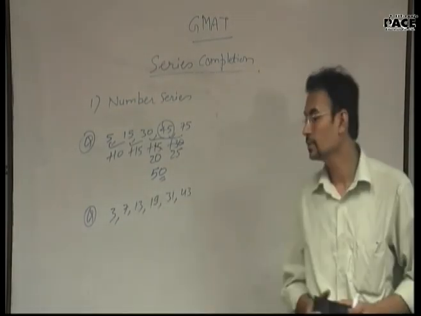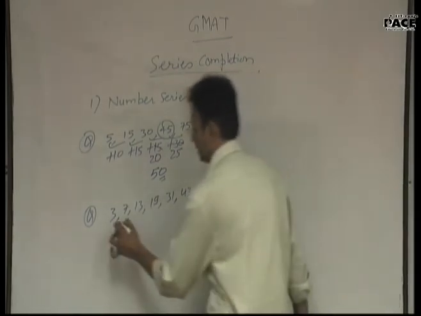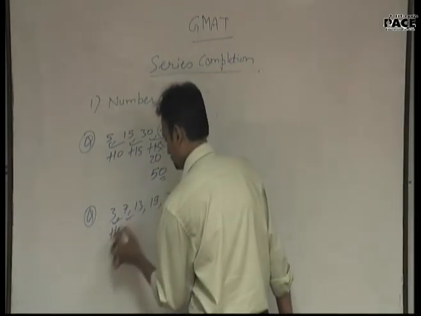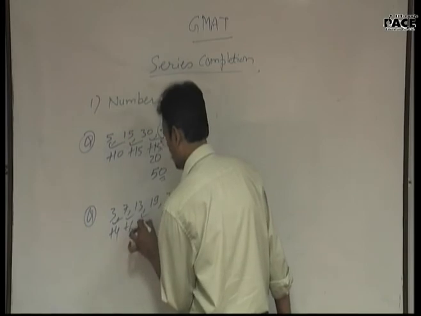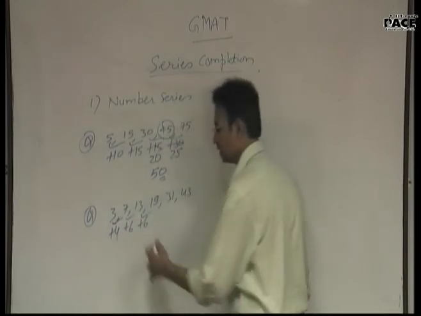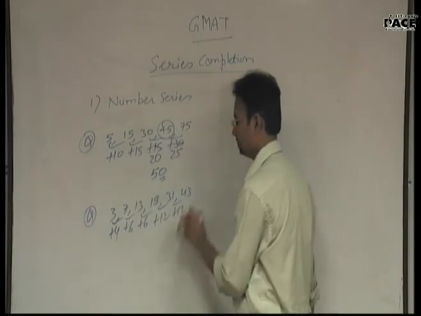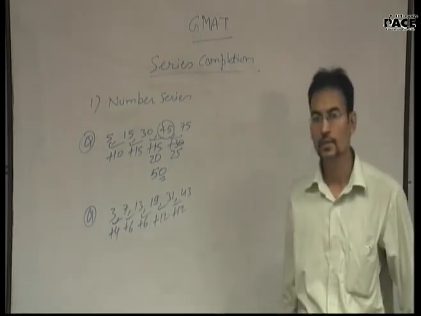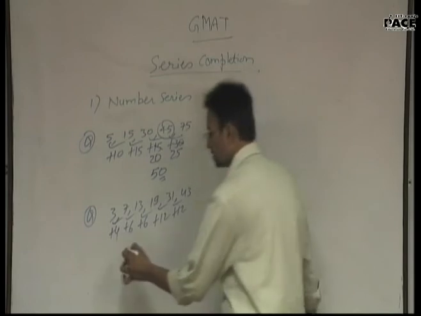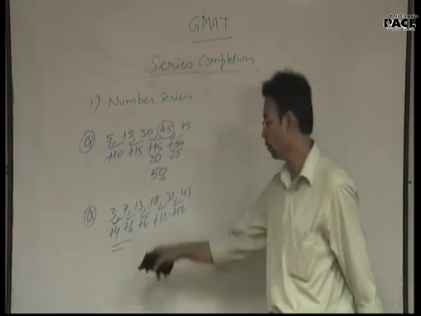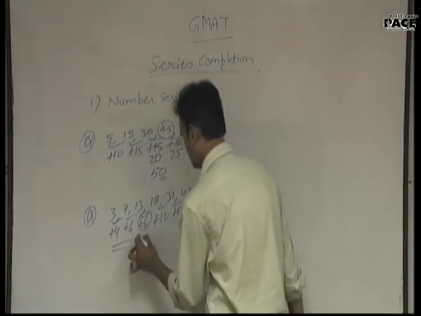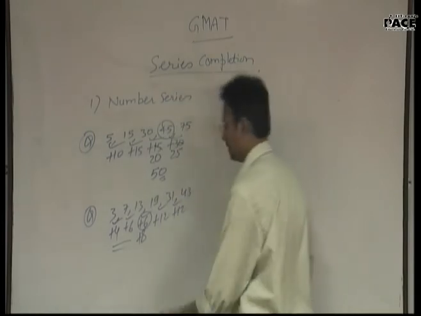In this case, if we do the same procedure of difference, we find that it is like this. Now, if we consider these two terms to be true, 4, 6, then if we make it plus 8, what will happen?